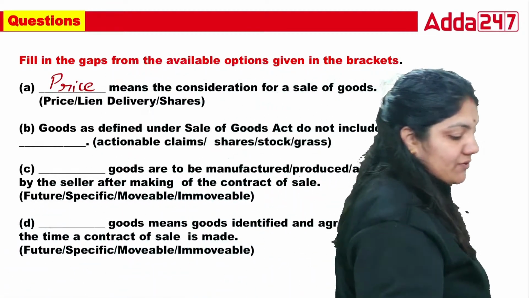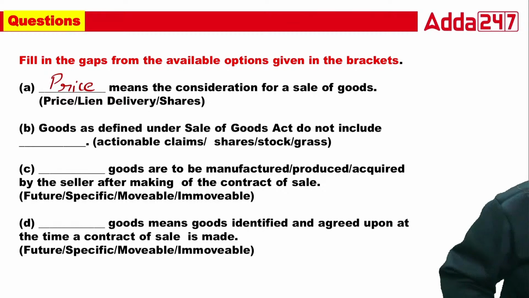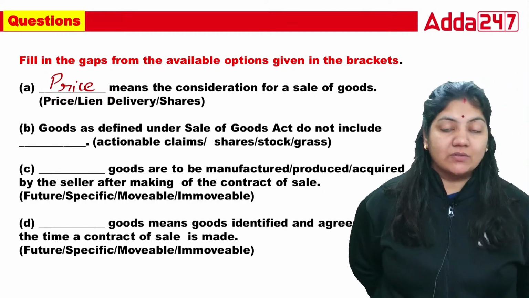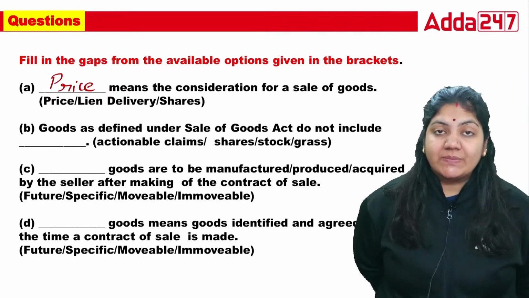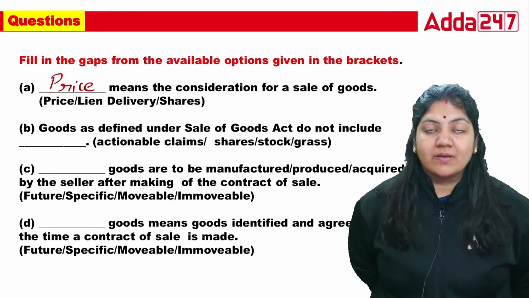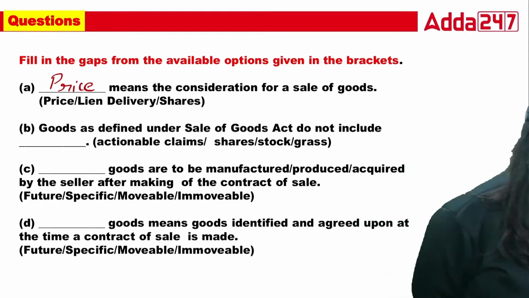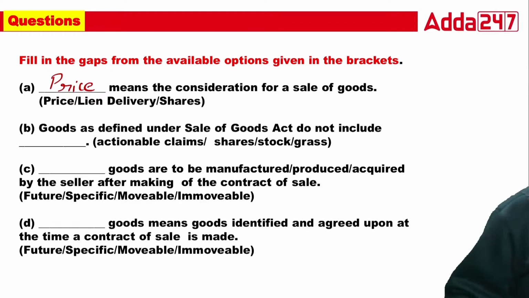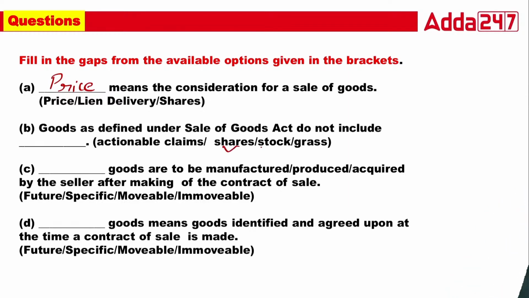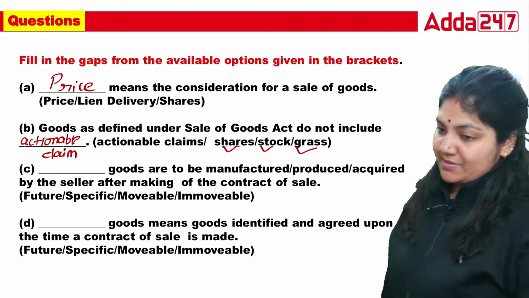This question was asked as a previous year question. So here actionable claim is the right answer.